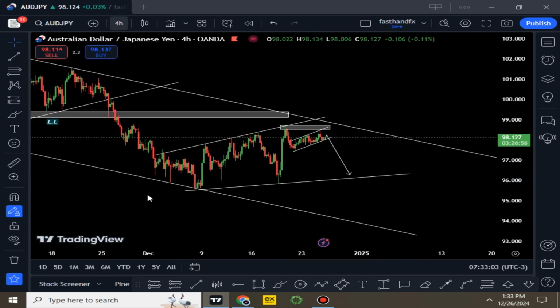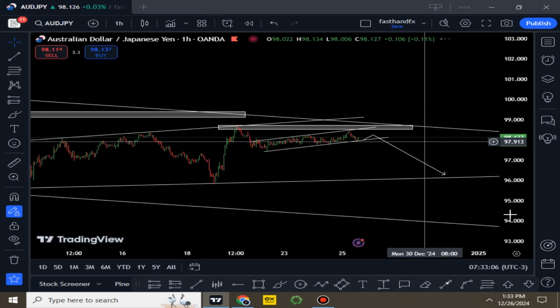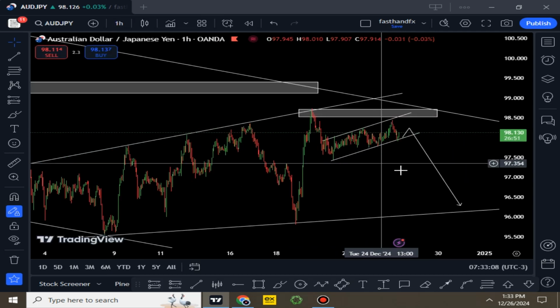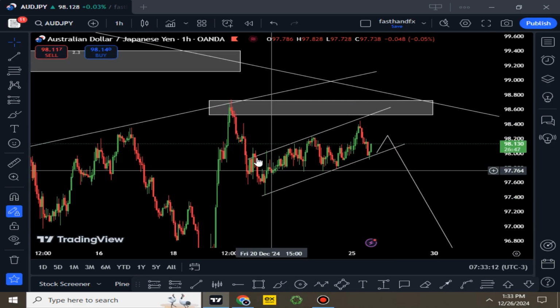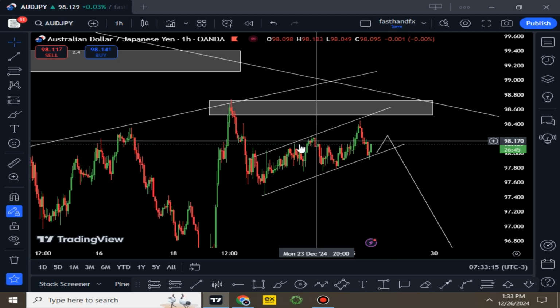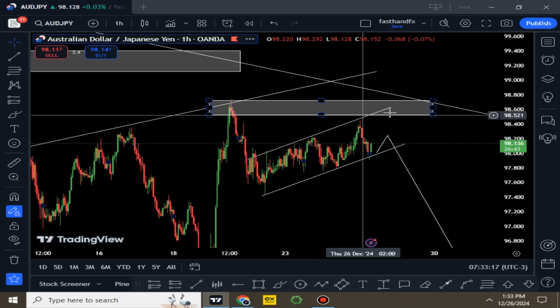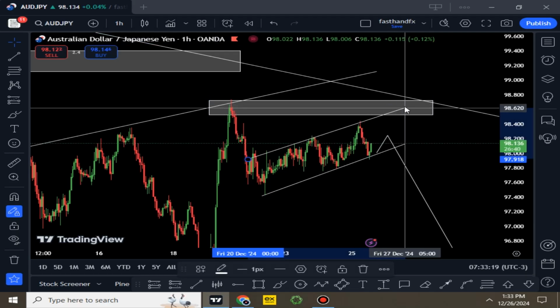Now if you go to the H1, let's see what price is printing over here. We've seen a touch, respected, a touch, respected, a touch, respected. Let's adjust this right here.